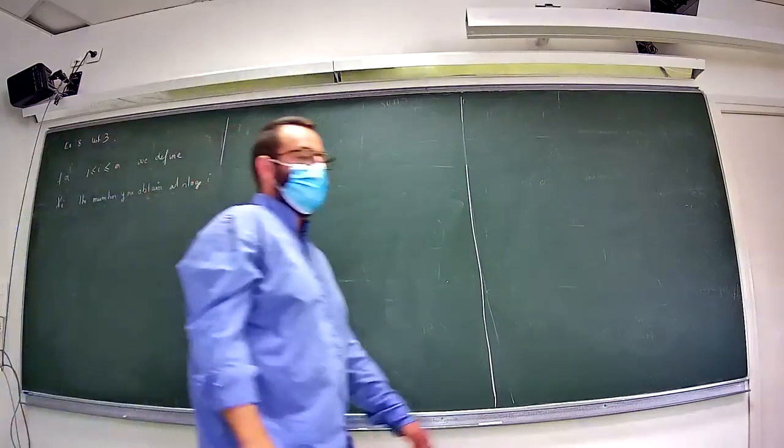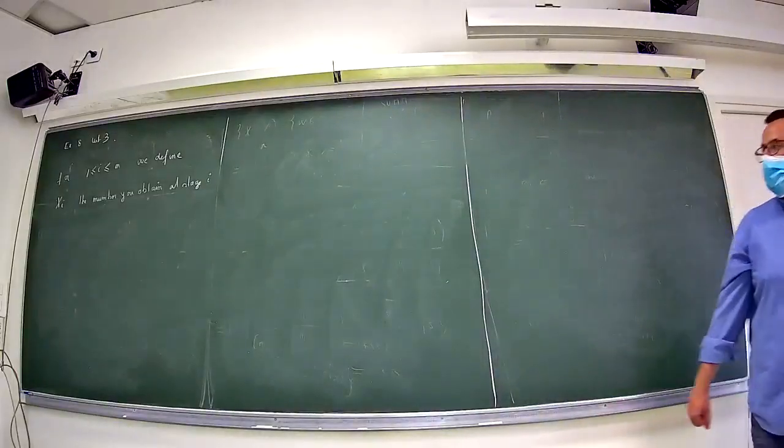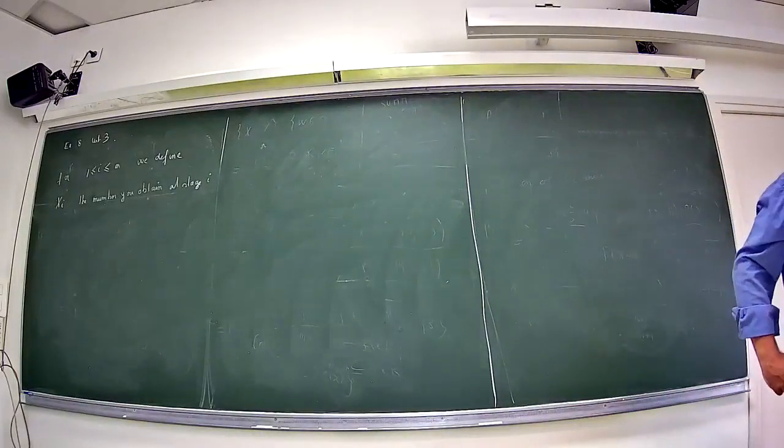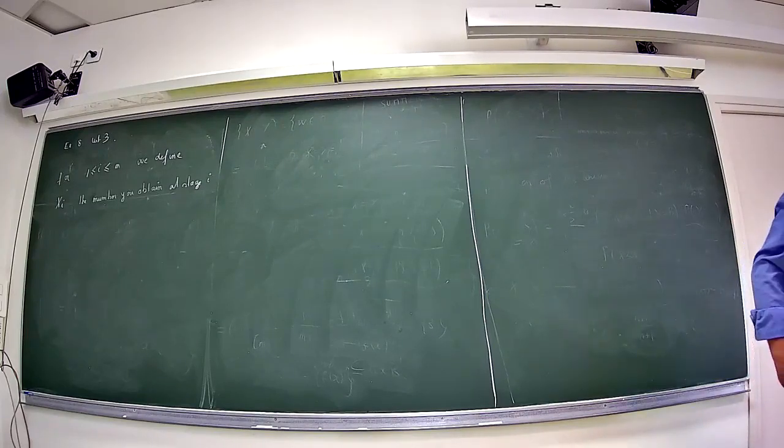X1 is the number I obtained the first time. So for i between 1 and n, we define Xi, the number you obtain at stage i. Okay?